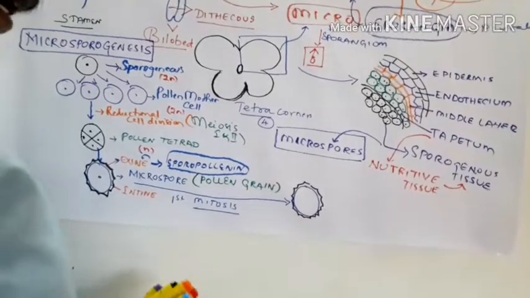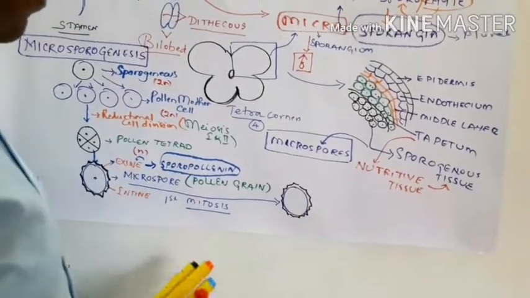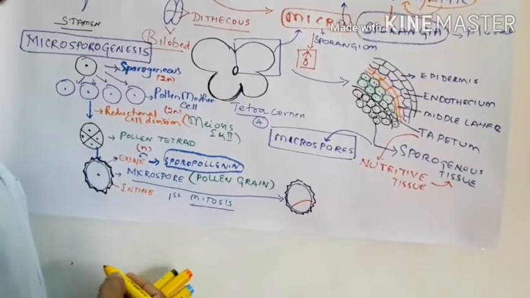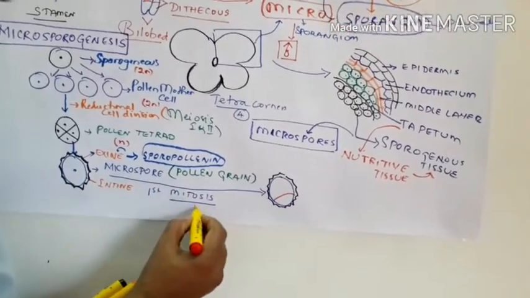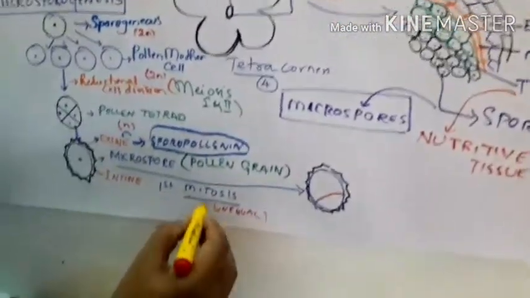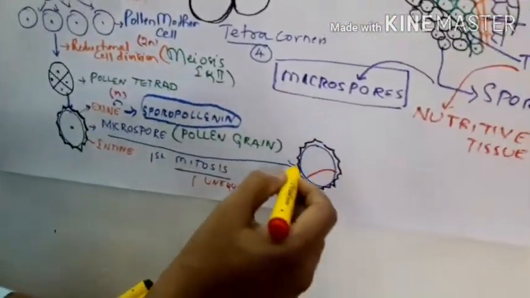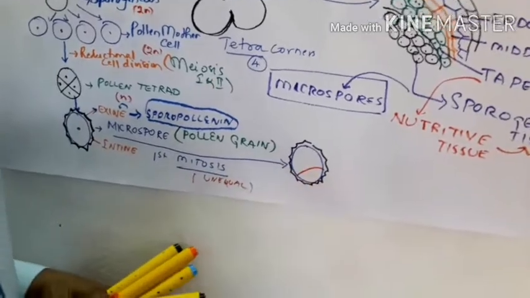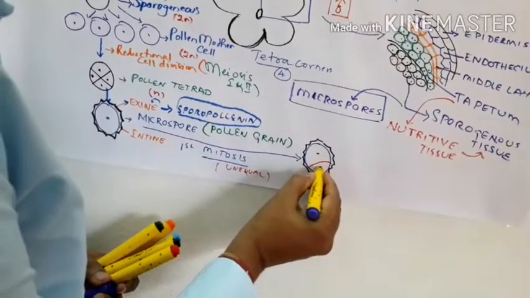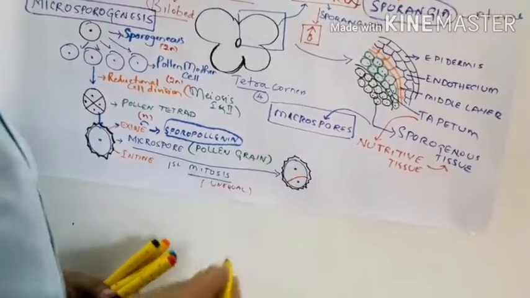Now it will undergo an unequal division. First mitosis, but it is an unequal division. A larger compartment is formed and a smaller compartment is formed. You can draw the nucleus here. So two cells are formed.